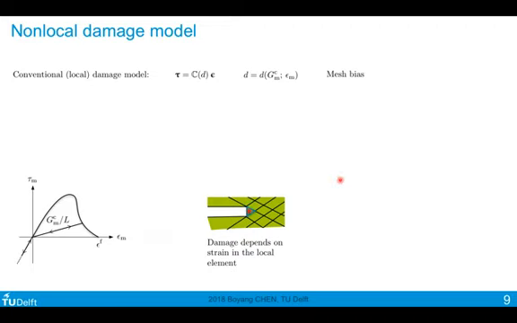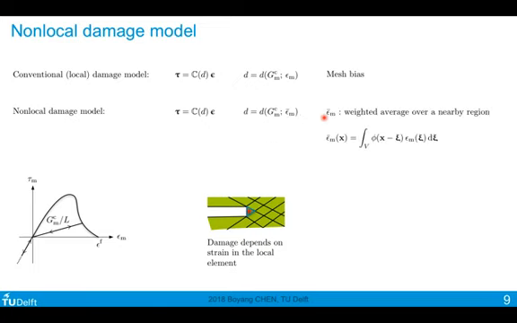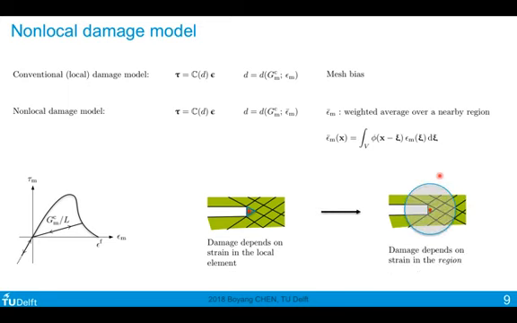Now the non-local model is to replace this dependency on local strain by a dependency on a non-local strain. This non-local strain is a weighted average over a region. So this is no longer just evaluated at a single integration point, but evaluated over a domain, over a certain radius, and the different integration points within this region all contribute to the evaluation of this term, but their contribution carries a different weightage.